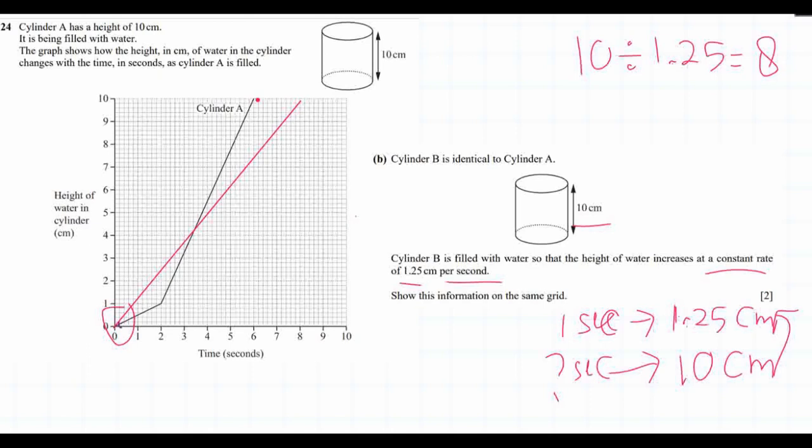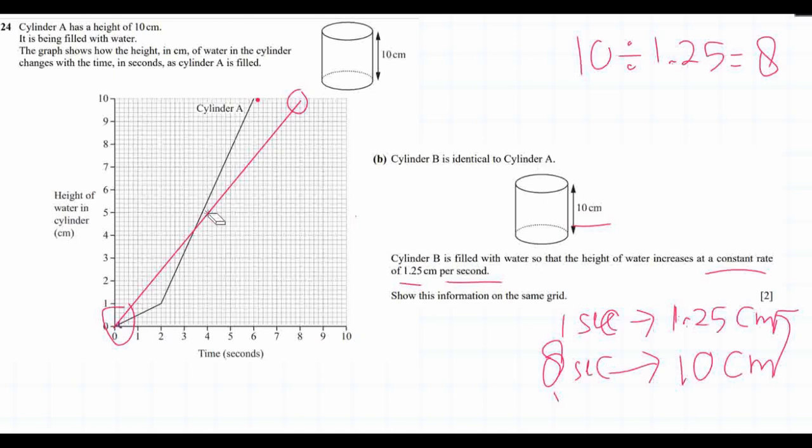So 8 seconds is 10 cm. So 10 cm is 8 seconds. So we put the point here. So this is our second coordinate. Then we connect these two points, here and here. So we get this line. Alright, let's move on to the next.